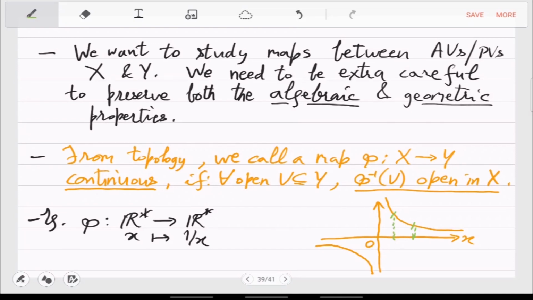So continuous intuitively means that when you draw it, you don't have to lift your pen. So you can see that in any part of this curve, the pre-image is continuous. So we deduce that this is continuous.